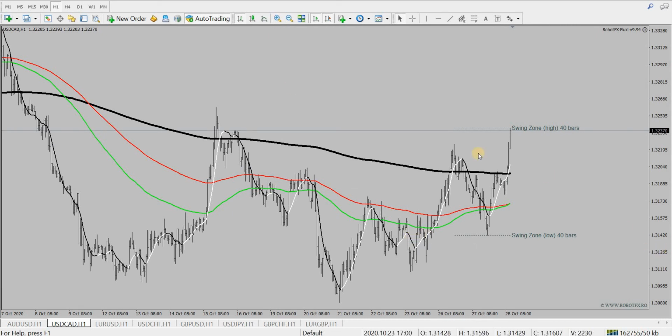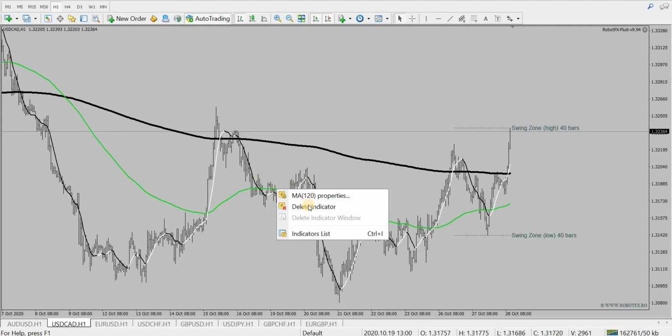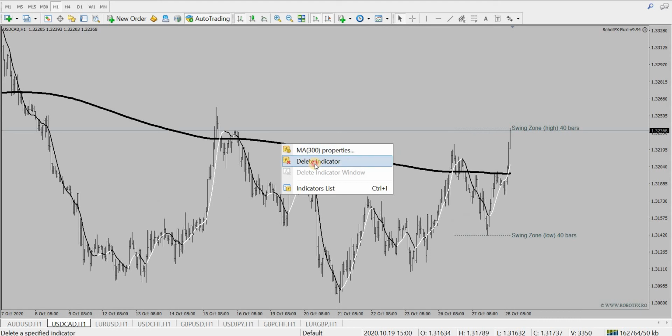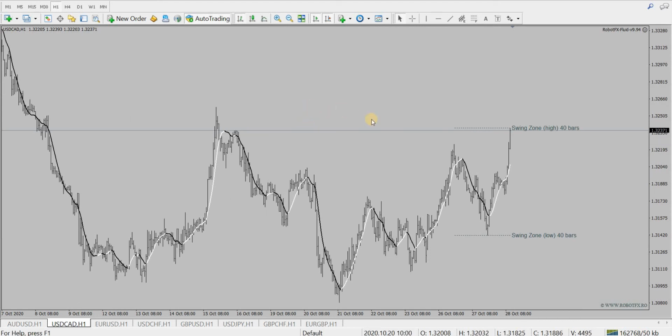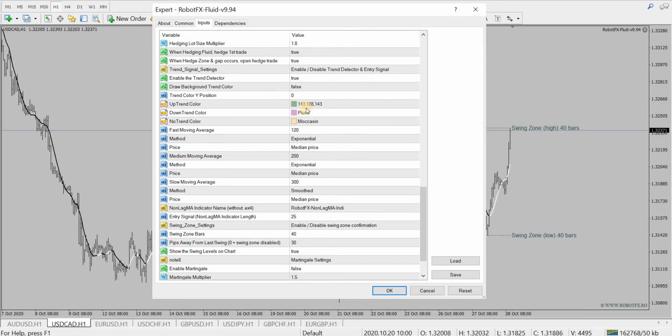And now we can also remove the moving averages. The idea is to have a clear chart and enable the draw background trend color. If you want, change the colors to whatever you wish.